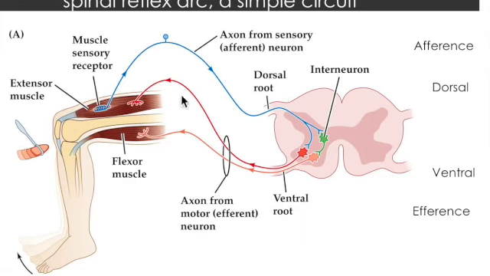It's this interplay between the extensor and the flexor muscle that ultimately leads you to kick your foot. So again, it's a one input and two output system. The input goes from the receptor into the spinal cord. Of the two outputs, one goes back through the ventral horn of the spinal cord towards the same extensor muscle, whereas the other goes towards the flexor muscle.